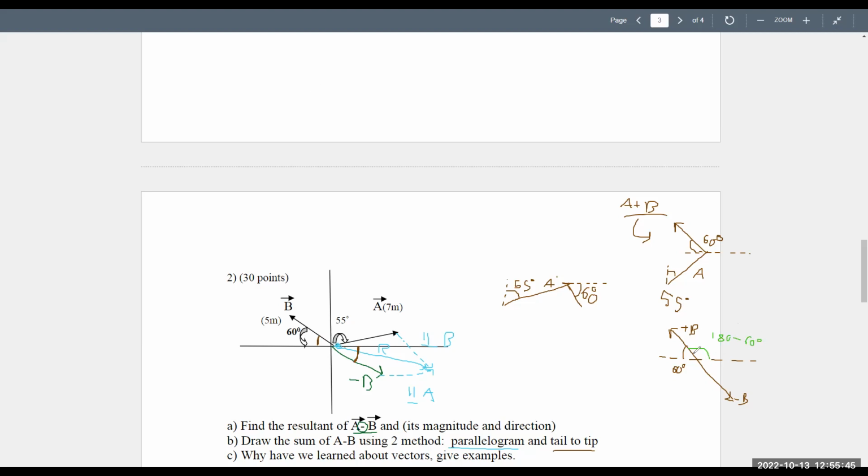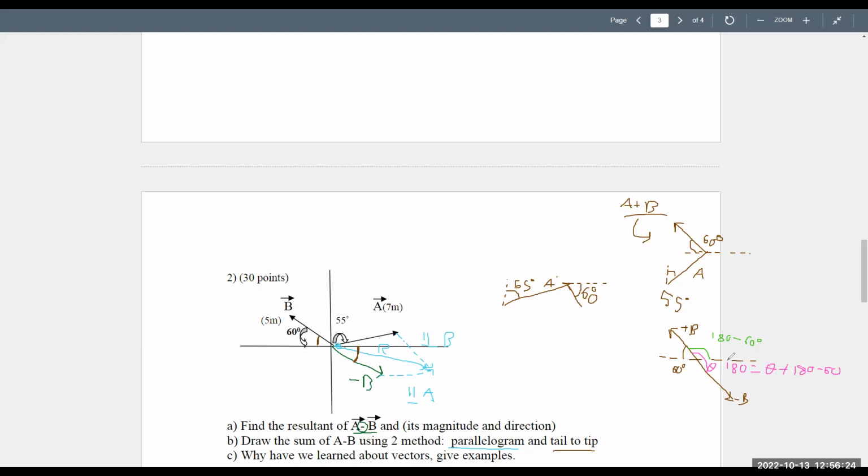And then if you were to do this part, it would be 180 equal to this is theta plus 180 minus 60.